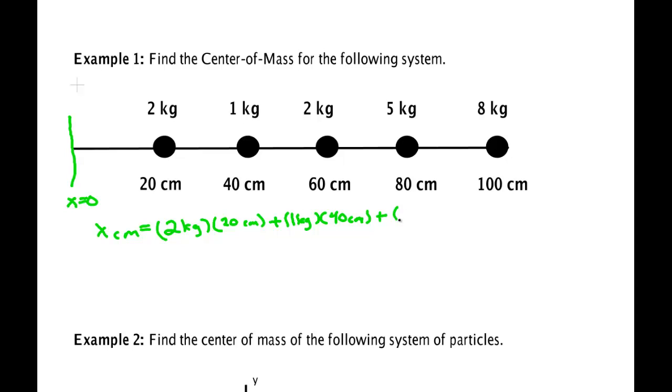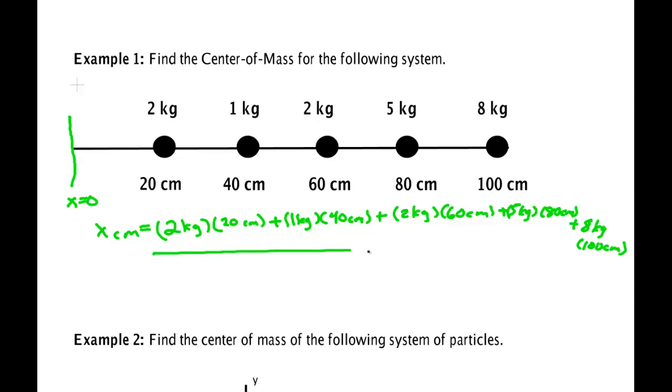The next, 2 kilograms, 60 centimeters. 5 kilograms times 80 centimeters. And last but not least, we have 8 kilograms times 100 centimeters. And I'm unfortunately kind of off the screen.